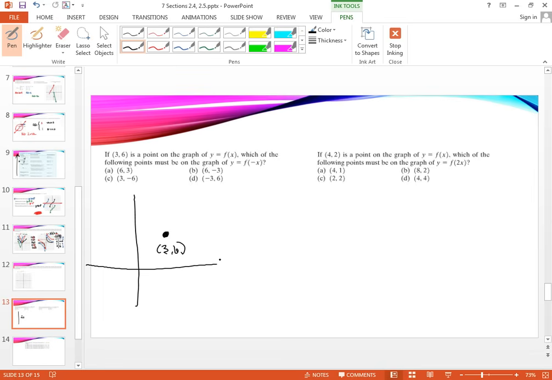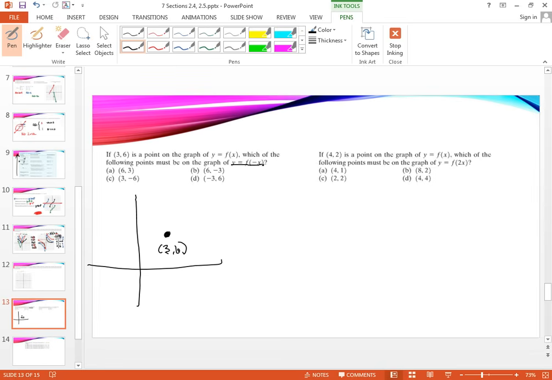If I said to you, graph y equals f of negative x, what does that negative do? Which way does it flip it? Does it flip it over the x-axis or over the y-axis? It's on the inside of the operation, so that's left, right, so it's a flip over the y-axis.